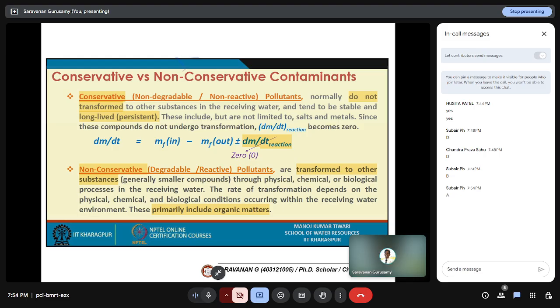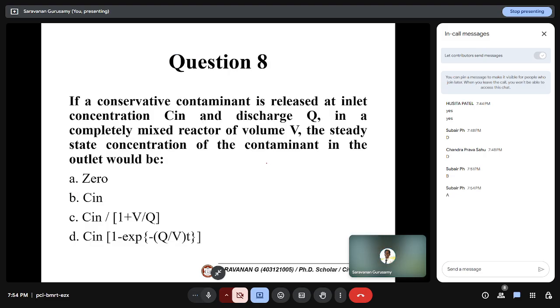Conservative pollutant, the reaction term will become 0. If a conservative contaminant is released at inlet concentration C in, discharge Q, volume V, at steady state, what is the contaminant concentration in the outlet? A conservative contaminant is released at C in. What is the outlet? Any tank, batch tank, plug flow or continuously mixed tank, C in is going out.